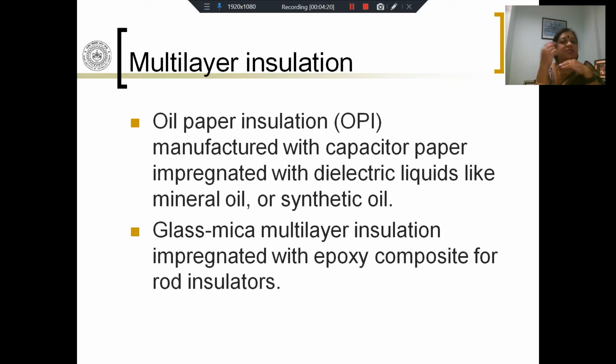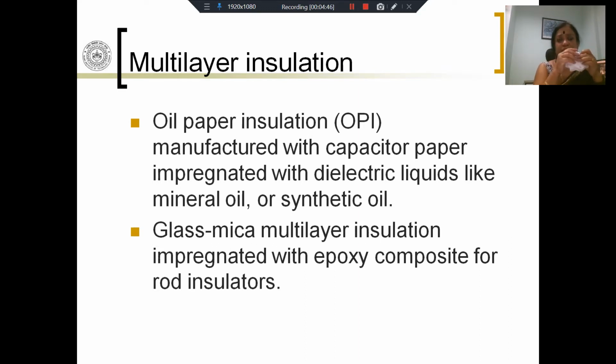This gives better properties because oil has a higher dielectric strength than air. If you have a void of gas or air inside a solid material, that void can break down because the breakdown strength of the gas is lower than the breakdown strength of the paper. So instead of air, you use liquid, you use oil, which has a higher breakdown strength.